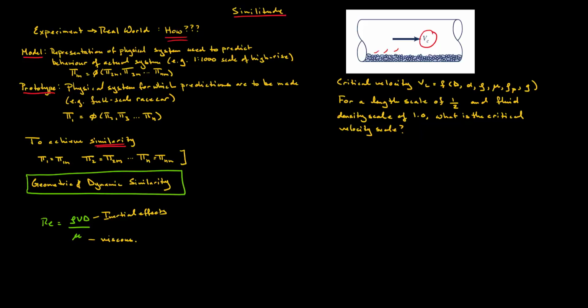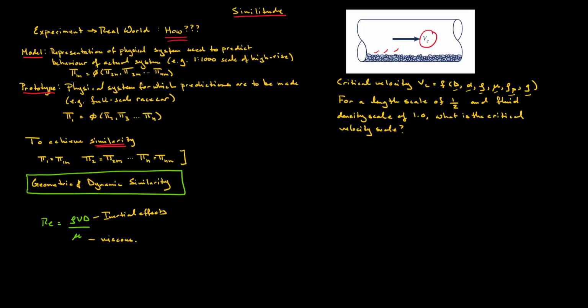We are given here that the critical velocity is a function of the pipe diameter, the particle diameter lowercase d, the fluid density rho, the viscosity, the particle density, and the gravitational acceleration.